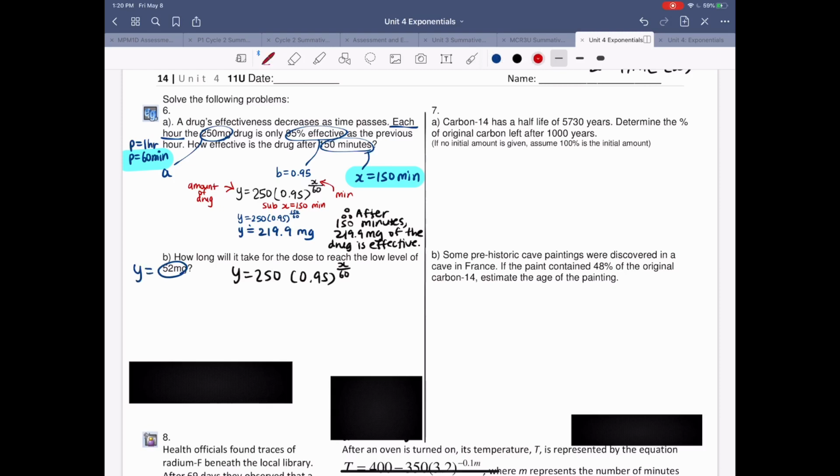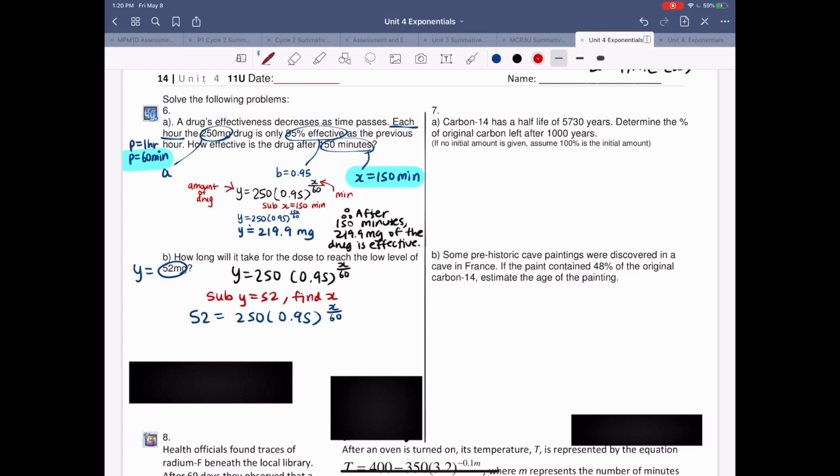Based on that information, you already had your exponential equation from the previous question. So I'm going to sub in y equals 52, and that's going to help me find the x. I plug it in and I get 52 equals 250 bracket 0.95 to the exponent x over 60.